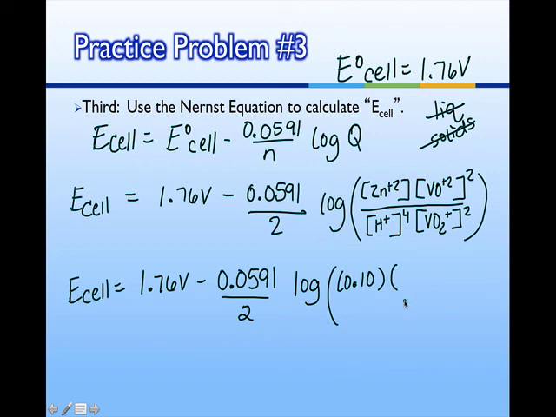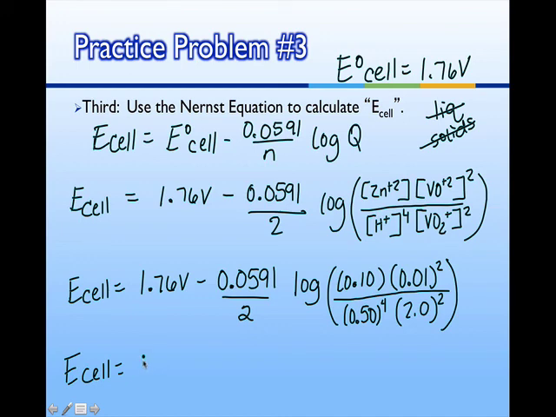That one is 1.0 times 10 to the negative second, which would be 0.01 molar, and that needs to be squared, divided by the hydrogen ion concentration, which is 0.5, and that one needs to be to the fourth power. And then the VO2 with a plus charge is 2 molar, and that needs to be squared.